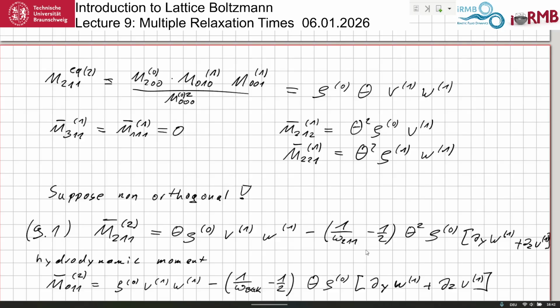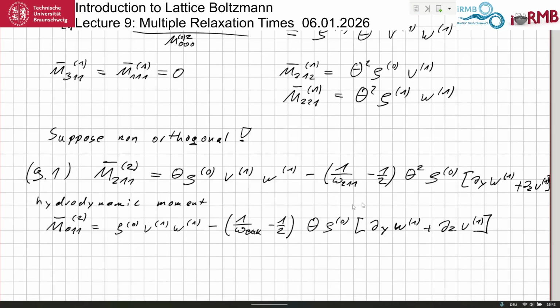You decided that you want to use MRT, so you decided that they evolve on a different time scale. What does it mean? Let's have a look. This thing here is something that comes out of your simulation, this later part, and this is showing up here again.